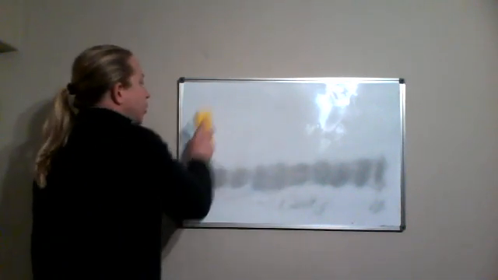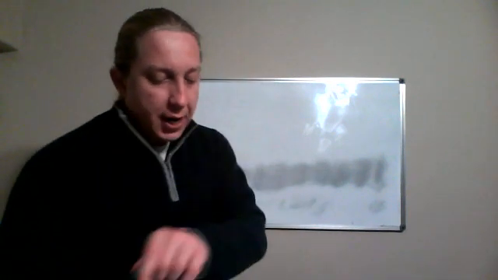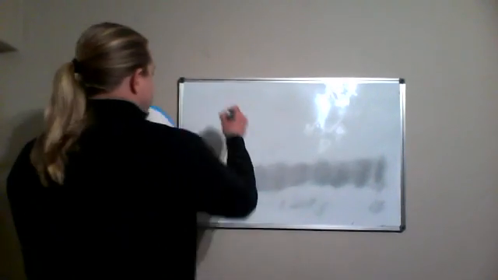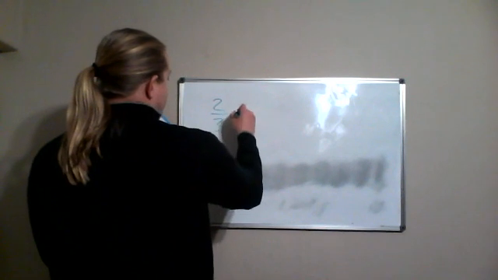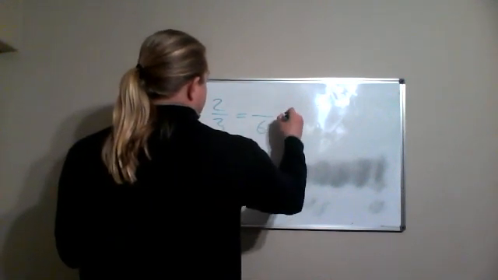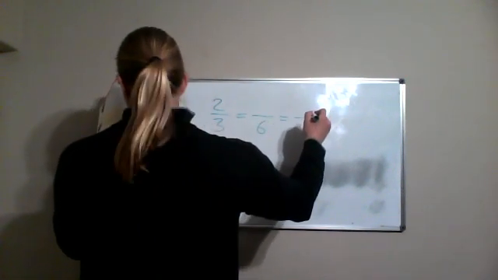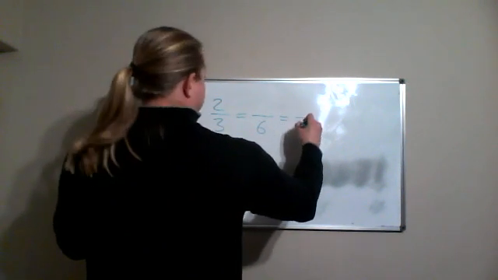Okay, so basically to find equivalent fractions, we just have to follow that process to see how the equivalent fraction changes. Okay, so let's look at an example. The first one says 2 over 3 equals something over 6, equals something over 33.